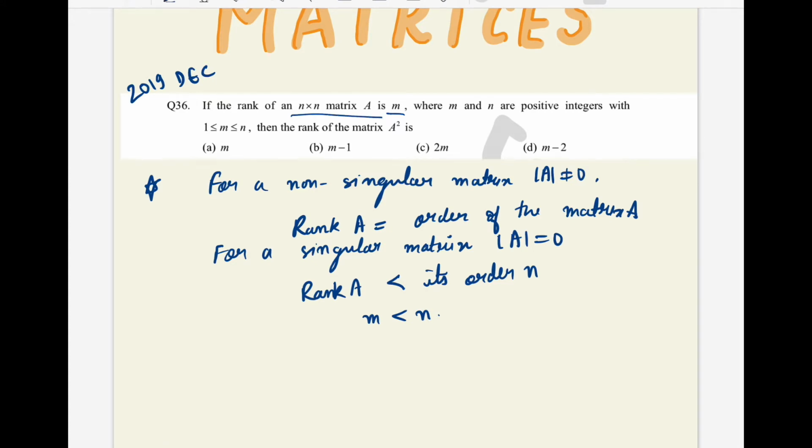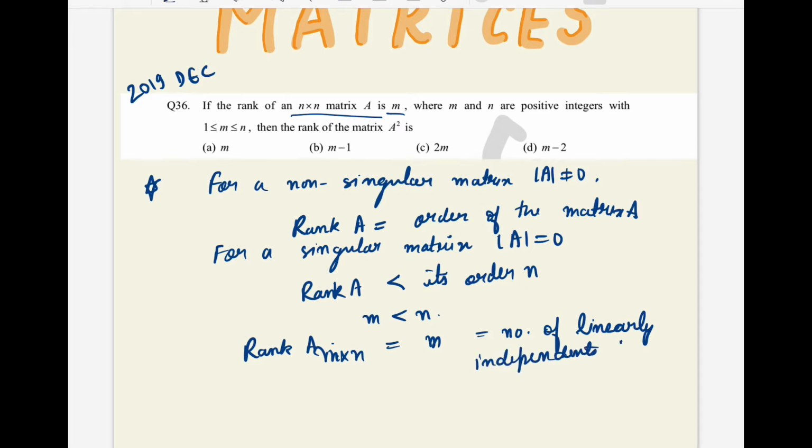So basically, rank A is defined as the number of linearly independent rows or columns.